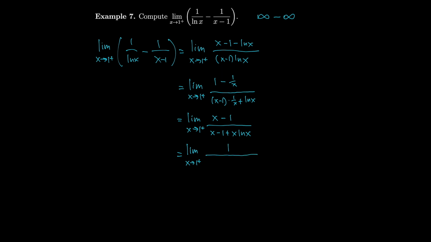Taking the derivative of the bottom, I get 1 plus, I gotta use the product rule again, so that's x times 1 over x plus ln x. Okay, at this point, it looks like I can just plug in 1. So I get that the limit, as x approaches 1 from the right, is 1 over 2 plus ln x, which is just a half.